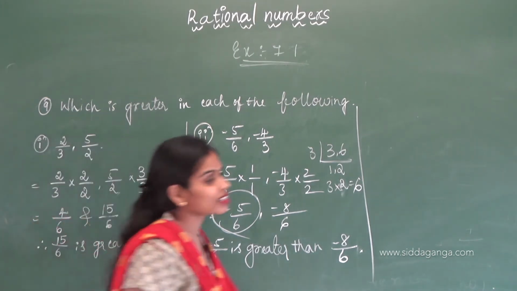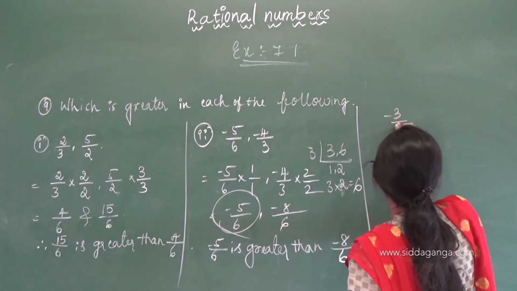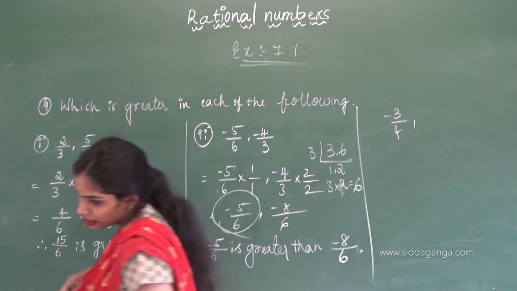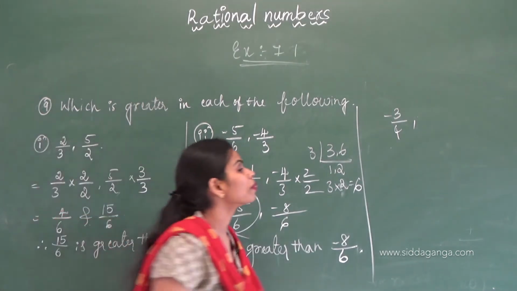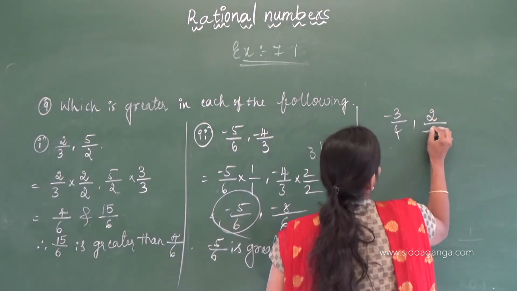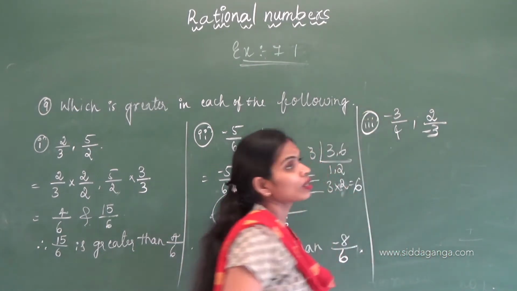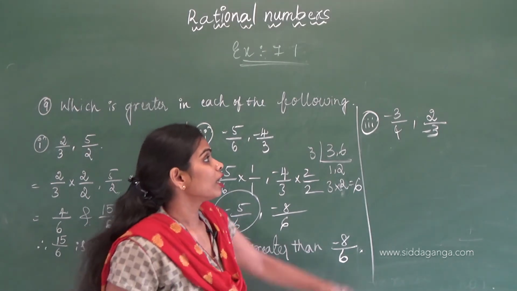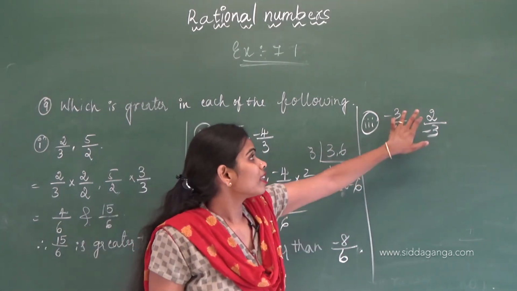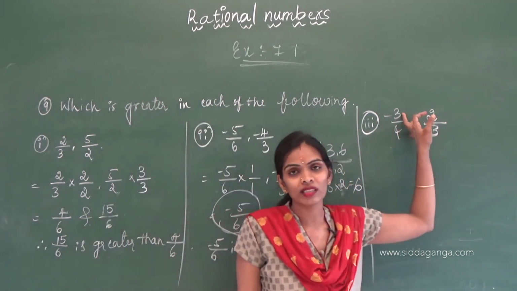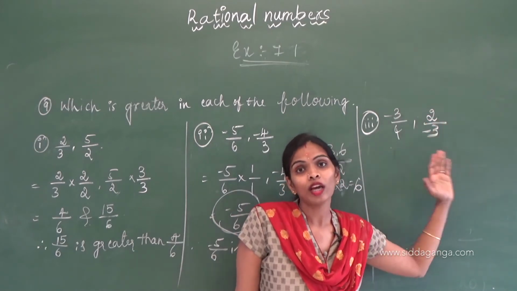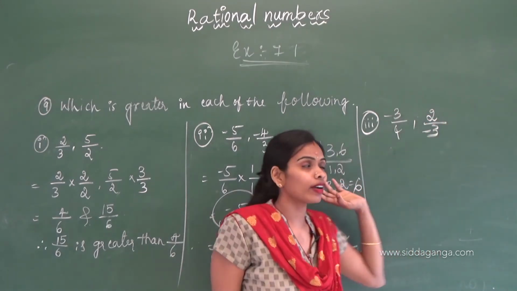Next question is minus 3 by 4, 2 by minus 3. If you see these, children, minus 3 by 4 and 2 by minus 3, both are not equivalent ones.